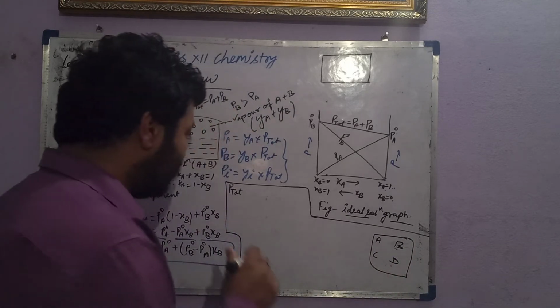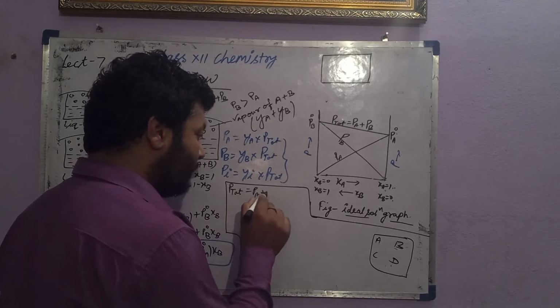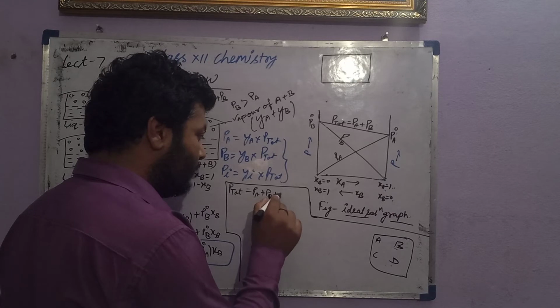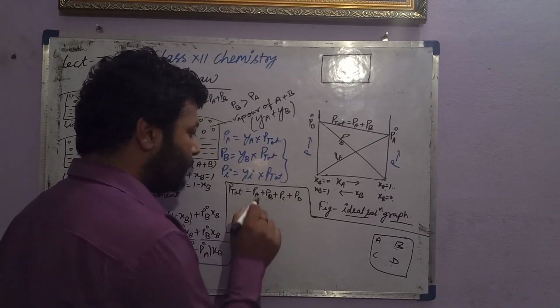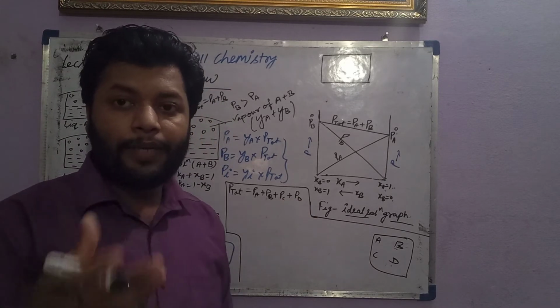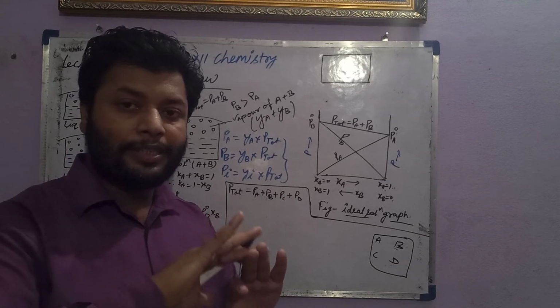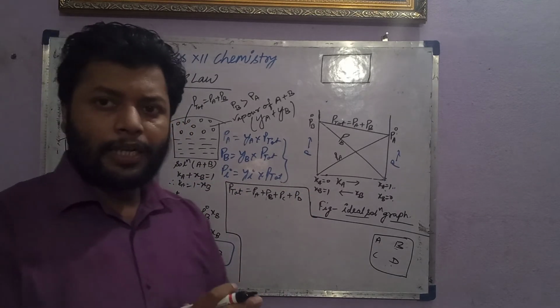The total pressure of the container will be the partial pressure of A plus the partial pressure of B plus the partial pressure of C plus the partial pressure of D. So the total pressure of any given container will always be the sum of the partial pressures of all the gases. That is Dalton's law.